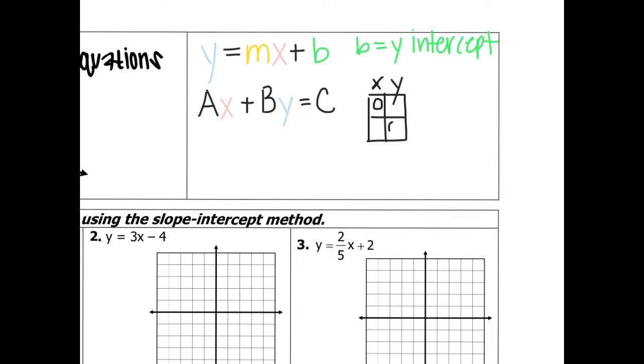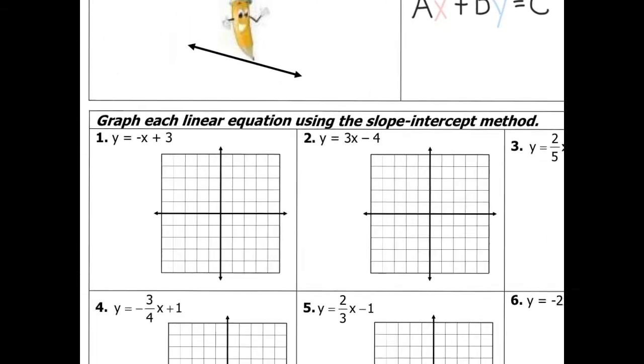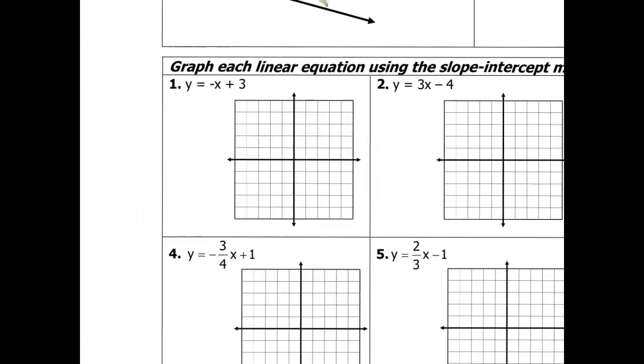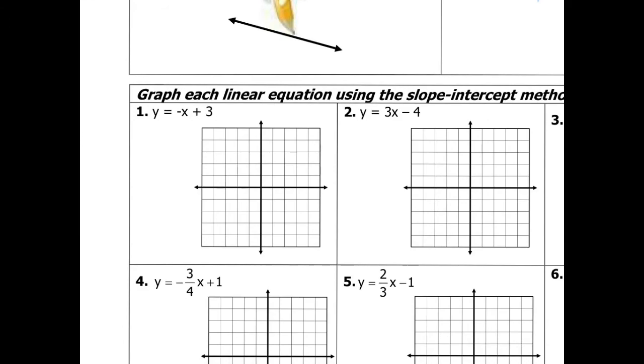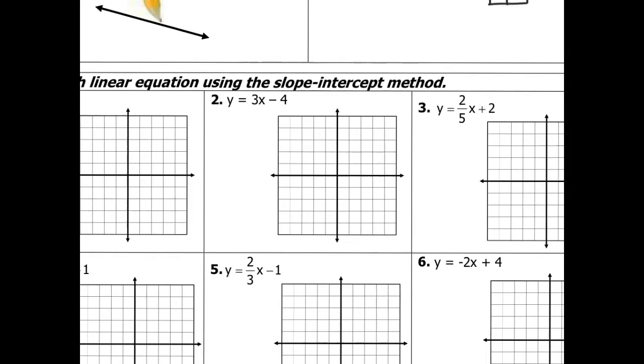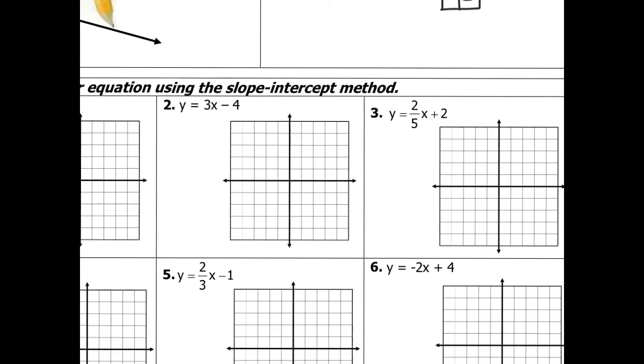And then we tried when y was 0, what did that make x? And we use those to graph. So that's going to be your strategy on here for the equations that appear in standard form. I'm going to do one example of each, and I think I'll do number 2.